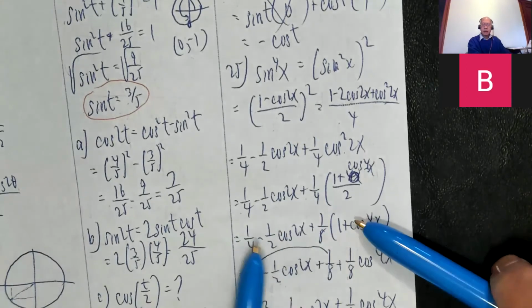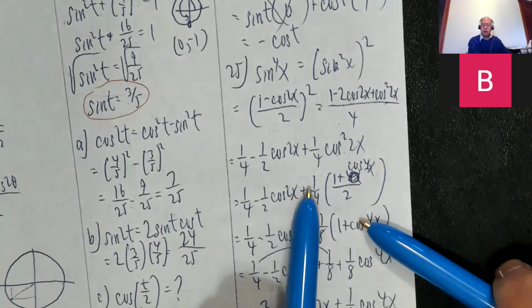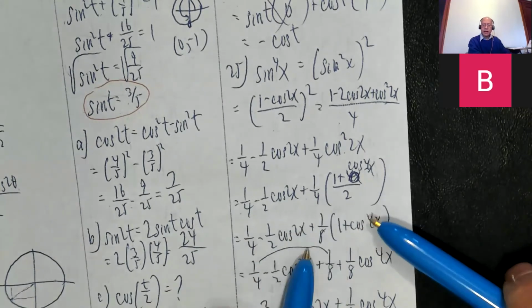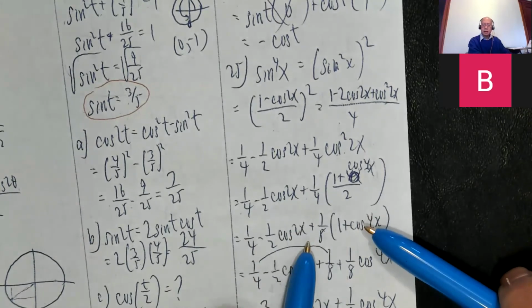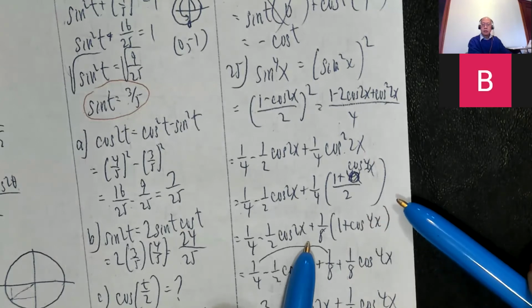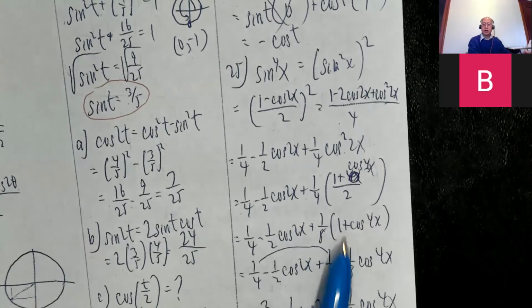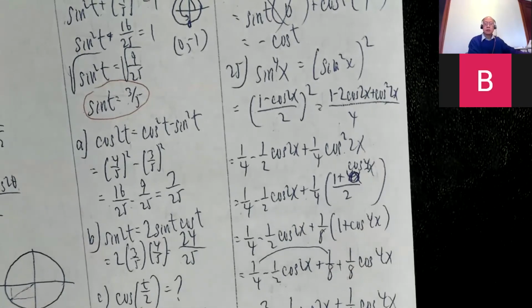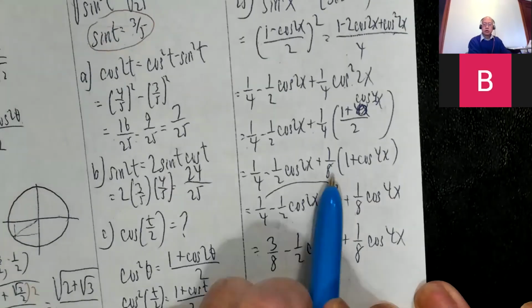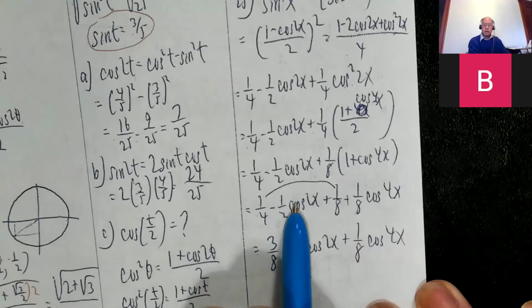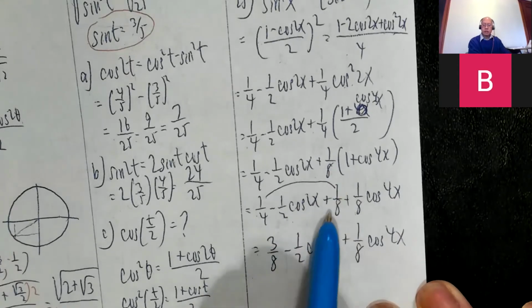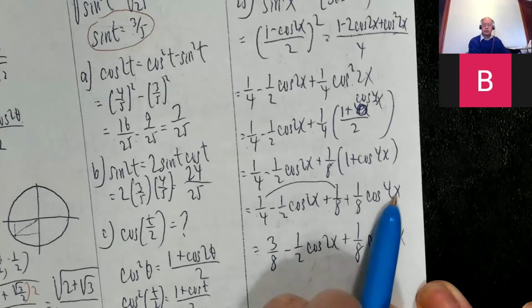Now leave that alone, leave that alone. 1/4 times 1/2 is 1/8. And then I still have 1 plus cosine 4x. Distribute, leave that alone, leave that alone. 1/8 times 1, 1/8 times cosine 4x.